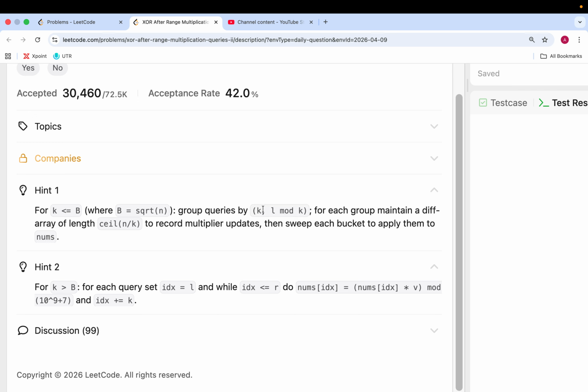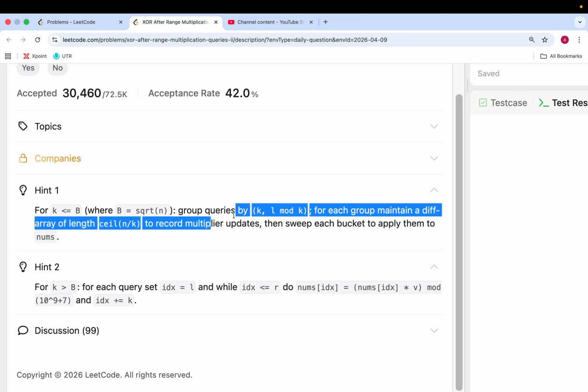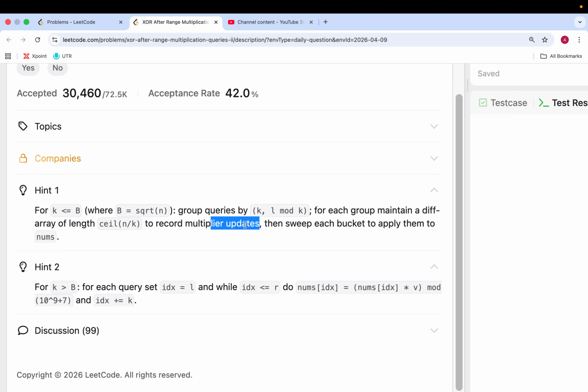Because you could have square root of n for the k value, and then 0 up to square root of n minus 1 as the mod values after you mod L. So that's how many tuples you could have. For each group, maintain a difference array. The size of it ranges between square root of n up to n, because k ranges from 1 up to square root of n, to record multiplier updates.